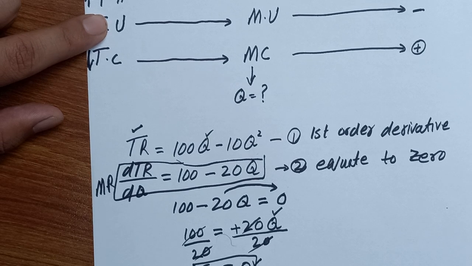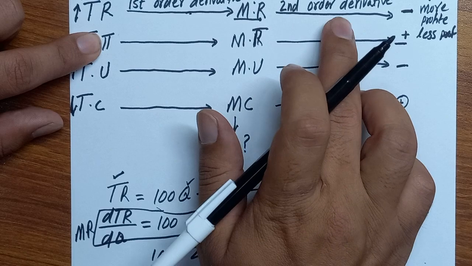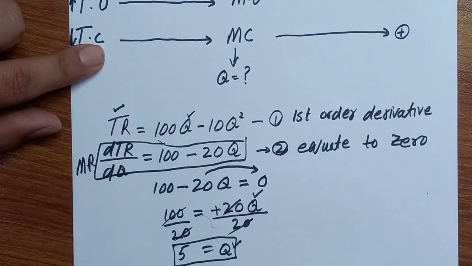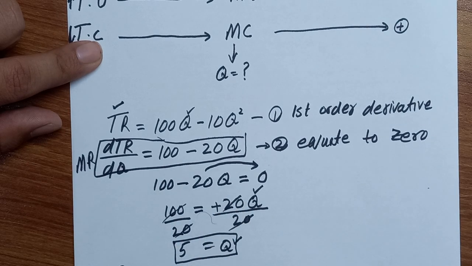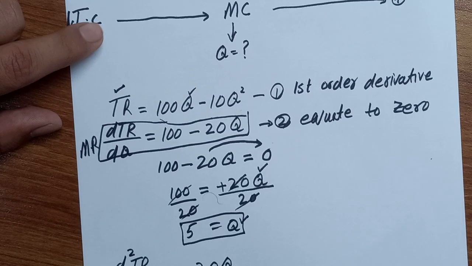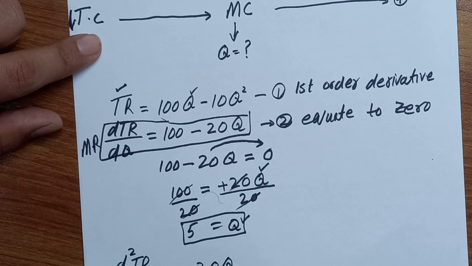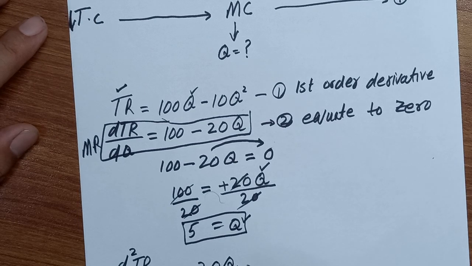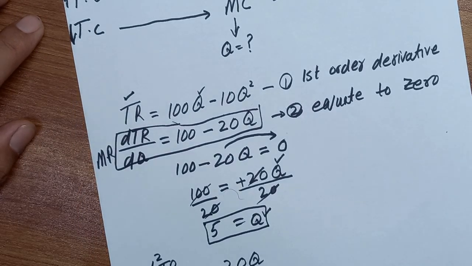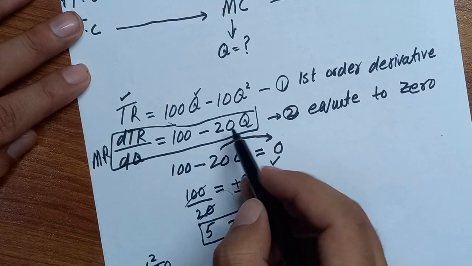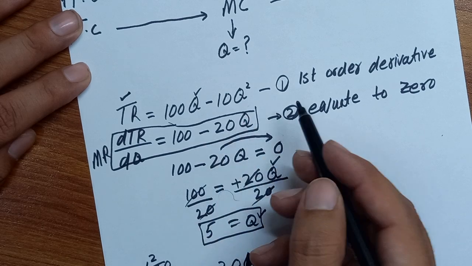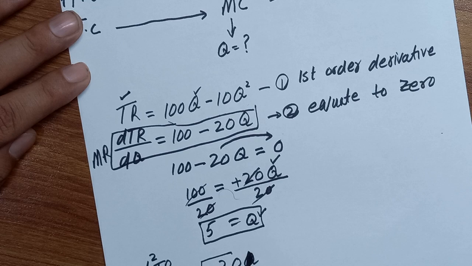I am writing d2 here because d2 means second order derivative. This is the constant, we do not write the constant here, and we have minus 20q. So it means minus 20, only 20 is here because q will be removed, so it is minus 20.